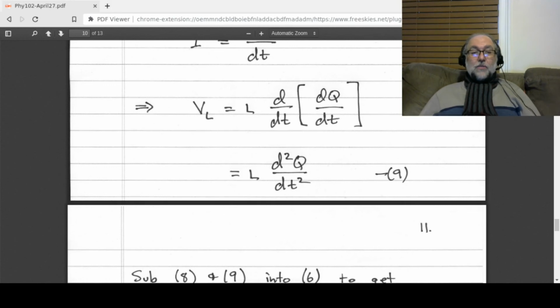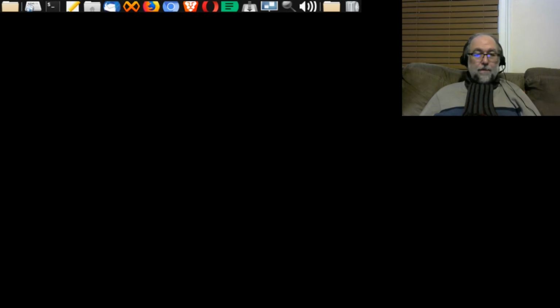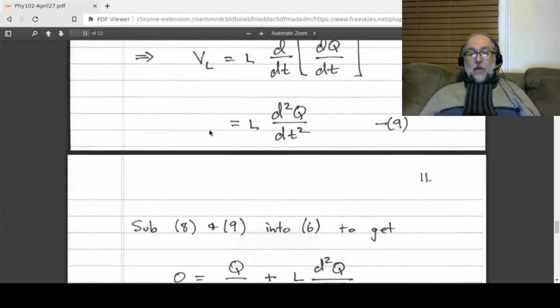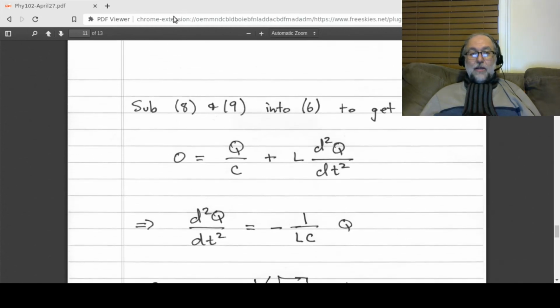So let's substitute for VL above, and let's also substitute for VC. Sorry, sometimes I lose the screen. Okay, let's substitute for VL above and VC above, and the equation looks like this.